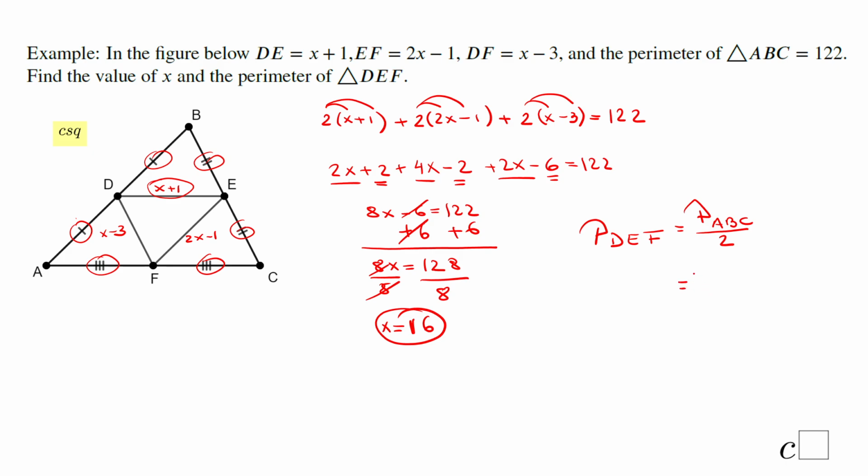Here we have 122 divided by 2, and that will be 61. Of course, you can check this answer by replacing x in the expressions given to us, and then add those 3 numbers that represent the length of each segment.